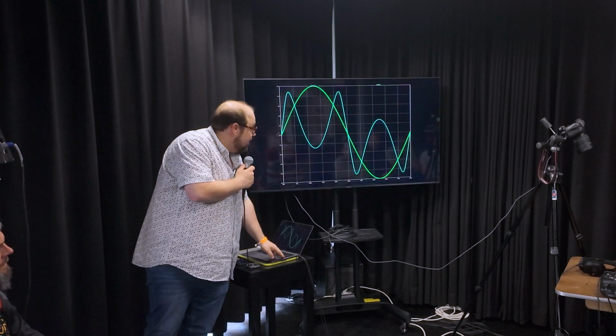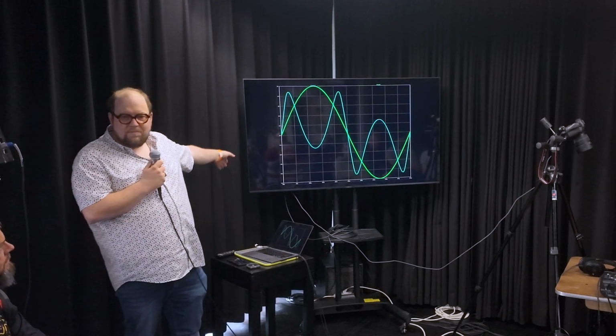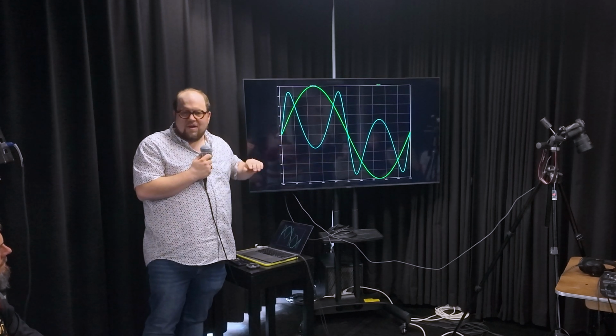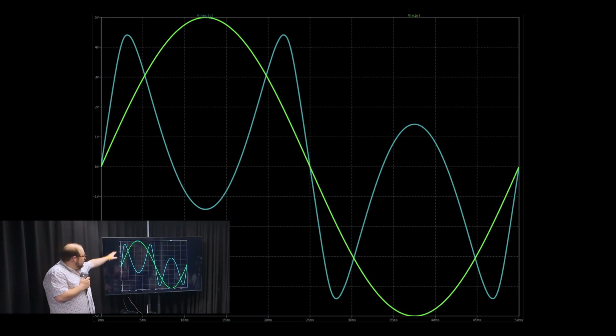And so if we look a bit closer at this, here I plotted this out. The green signal is an input sine wave, and then the other signal is a wavefolded version of that same sine wave.